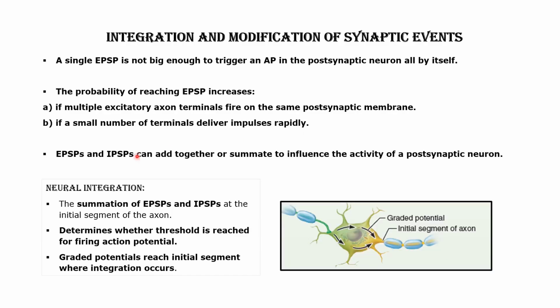So this is the principle of neural integration. What the postsynaptic neuron does is it receives all this information from the presynaptic neurons, that is EPSPs and IPSPs, and depending upon their summation, it decides whether an action potential will be generated which will travel down its axon.